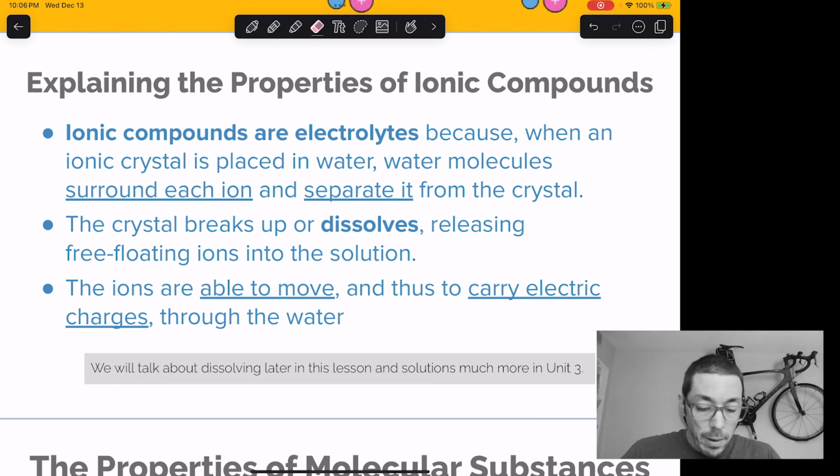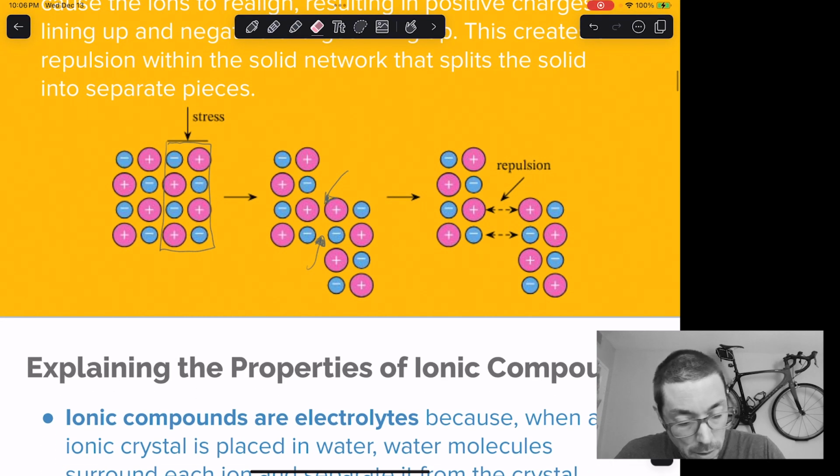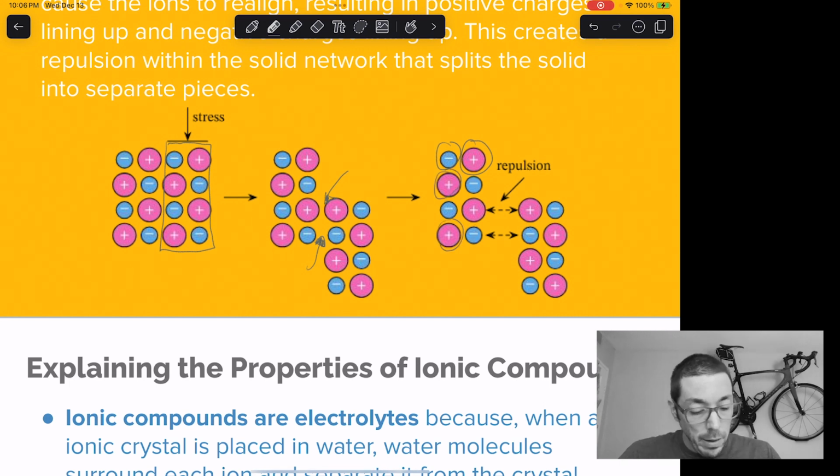Then your eyes cannot see the salt grains in the water because you've pulled apart each individual tiny ion and surrounded it by water molecules.